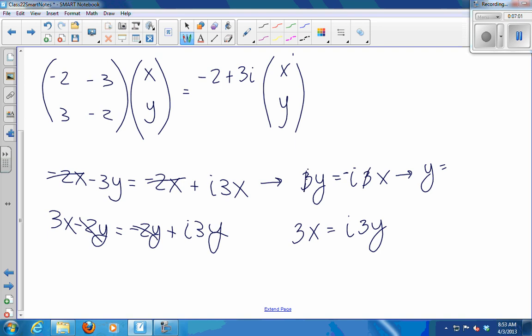So I get y equals negative ix, and in this one I get y equals x over i. So are they the same? They do, yeah, but we just want to make sure that we understand why they are the same.